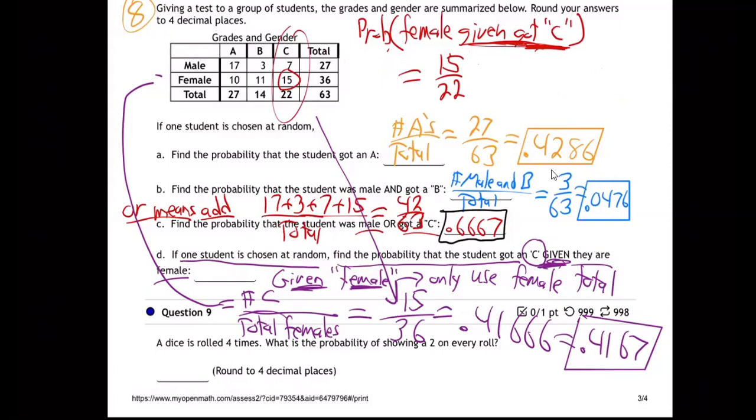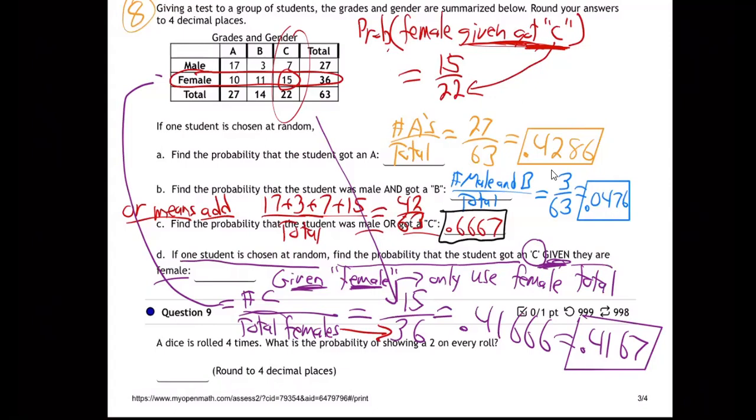Does that make sense? So the part that you're given has to be the denominator. Like the total females was 36 in my case, because I was going across this way. So what you're given is the denominator. It's the total you're talking about. Like if I said, my friend Joe, given that he plays in the majors, we're talking about that group, major league players.